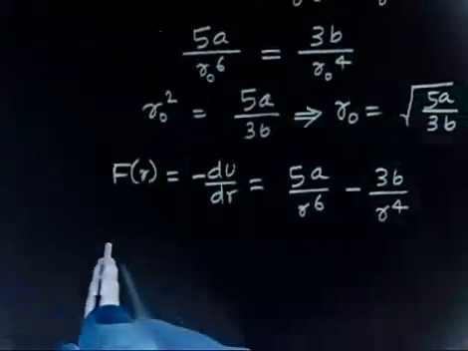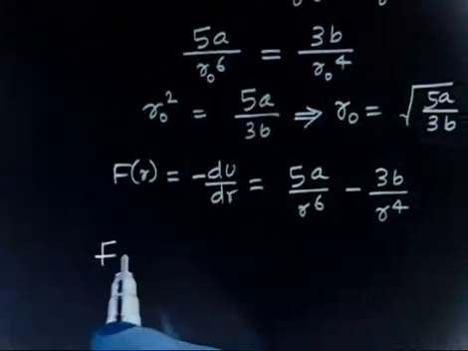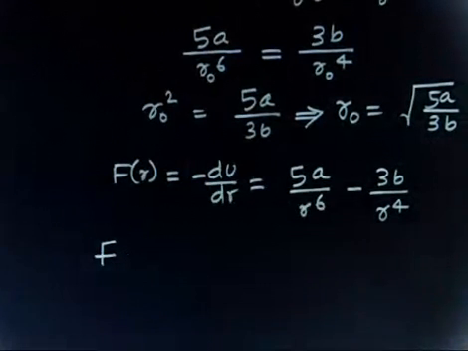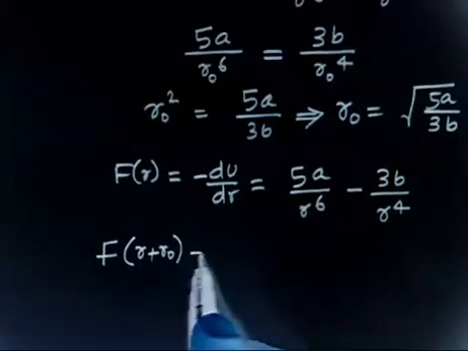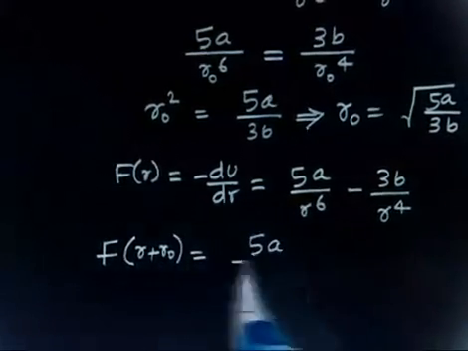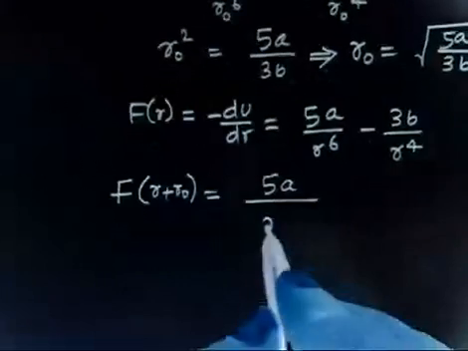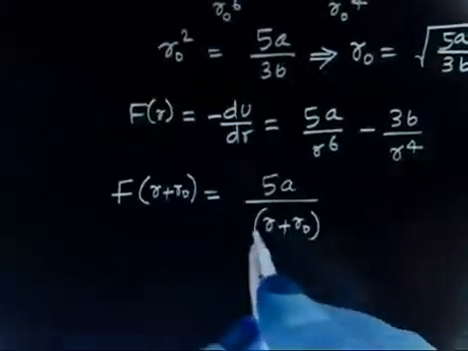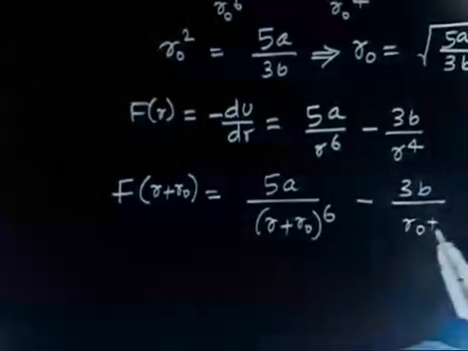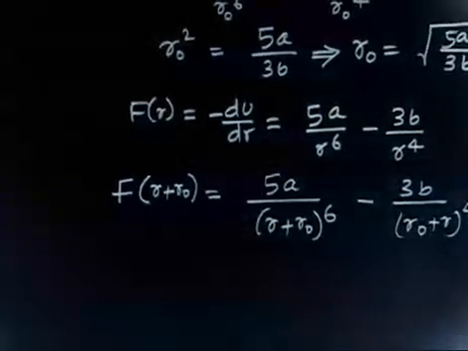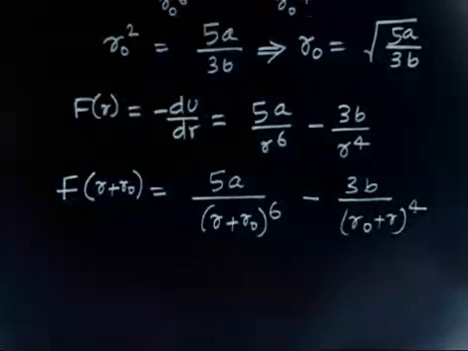So force at, if I displace with a slight distance, F of r naught plus r, this will be given as 5a by r naught plus r to the power 6 minus 3b by r naught plus r to the power 4. Now I can write more clearly.